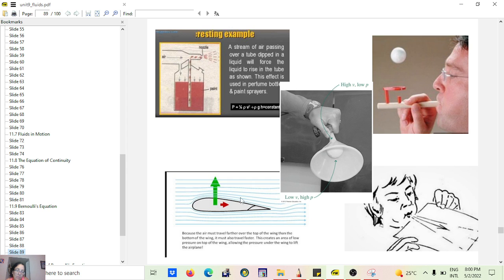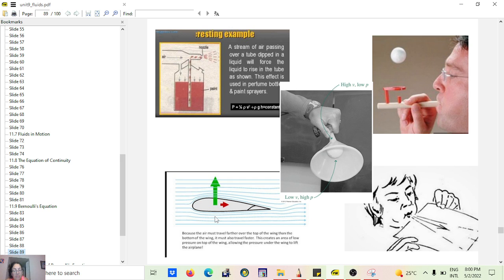So the air here has to flow faster. That's why you have the streamlines close to each other. So it means here you have low pressure, and here you have high pressure, and that will provide the lift.